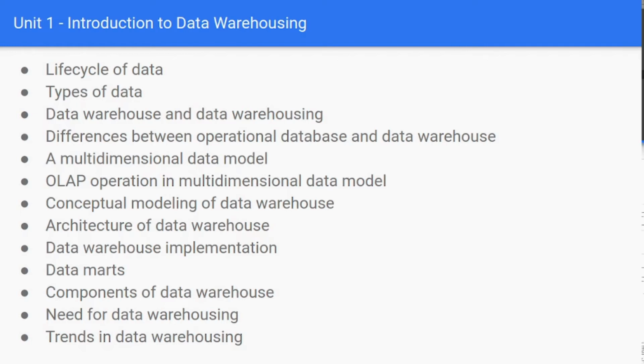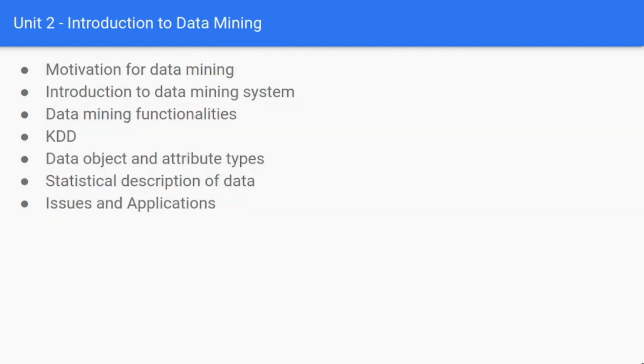We'll go through OLAP operations, what the several OLAP operations are, and the conceptual modeling of data warehouse, architecture of a data warehouse implementation, data marts, components of data warehouse, need for data warehousing, and trends in data warehousing. So those will be our topics under unit 1.